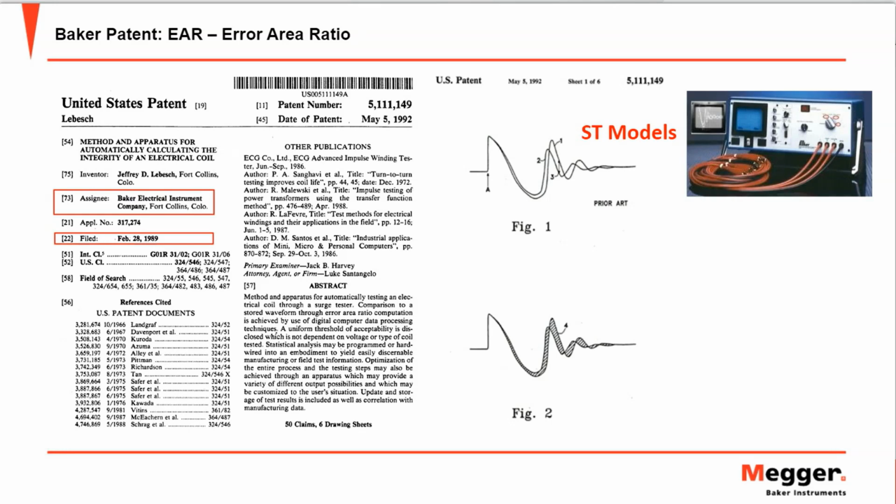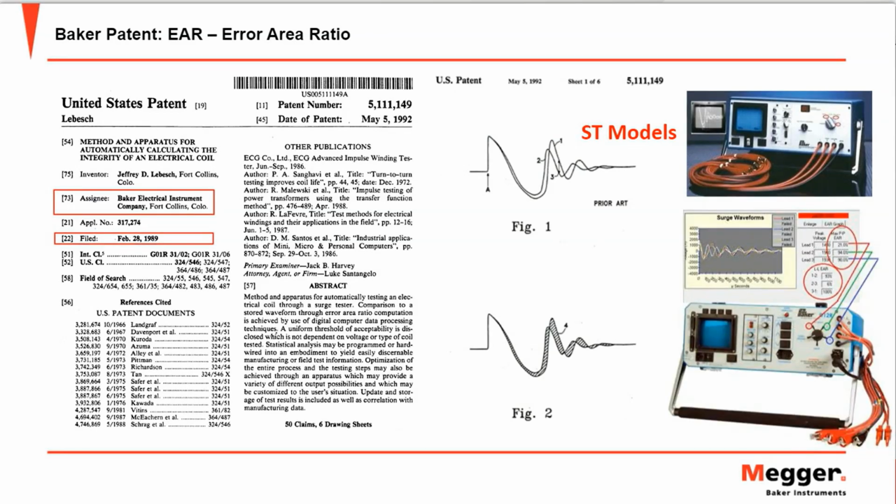But we didn't have any calculated number or threshold to say whether we had a problem or not. With this patent, we created a way to calculate the percentage of difference between the two waveforms, and we can write that information in our test report. So this is our invention.